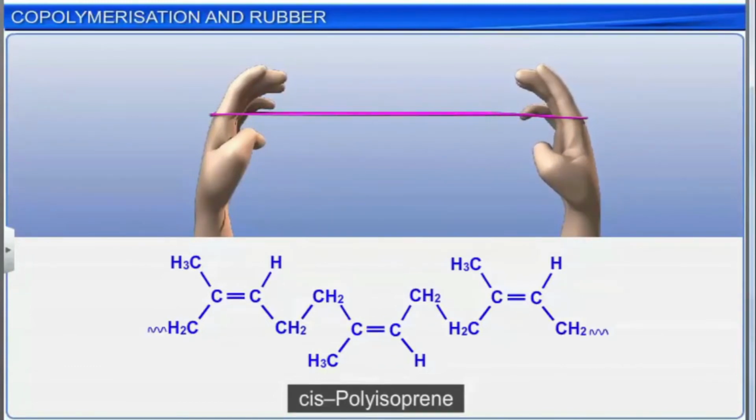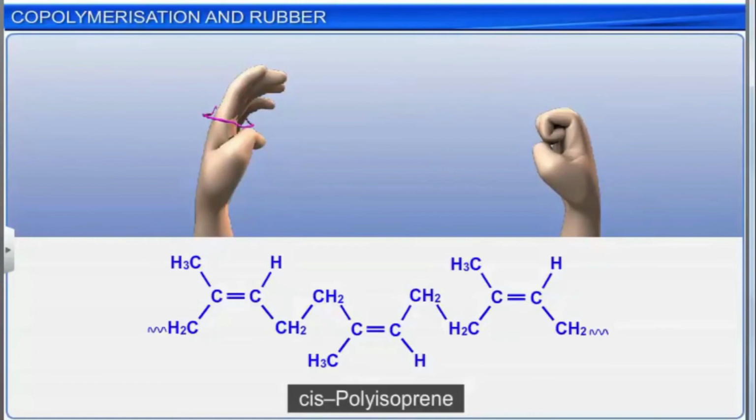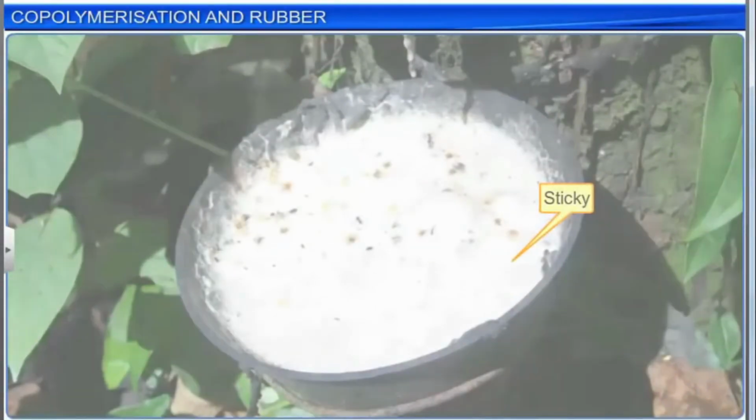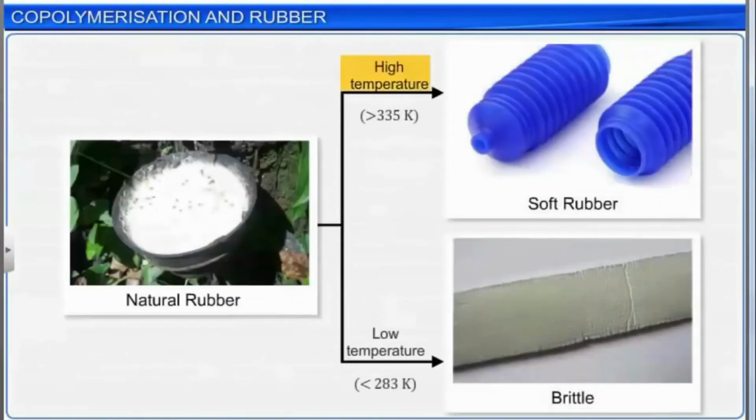When the external force is released, the chains snap back to their original positions. Untreated natural rubber is quite sticky. It becomes soft at high temperatures, greater than 335 Kelvin, and brittle at low temperatures, less than 283 Kelvin.